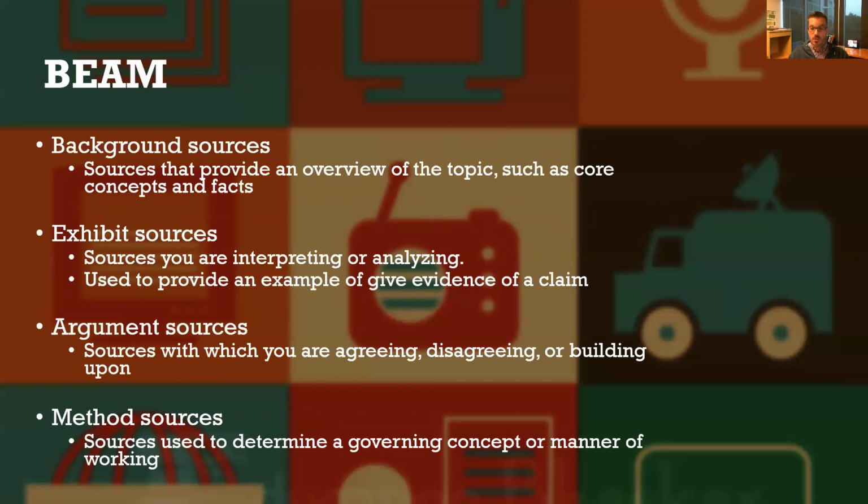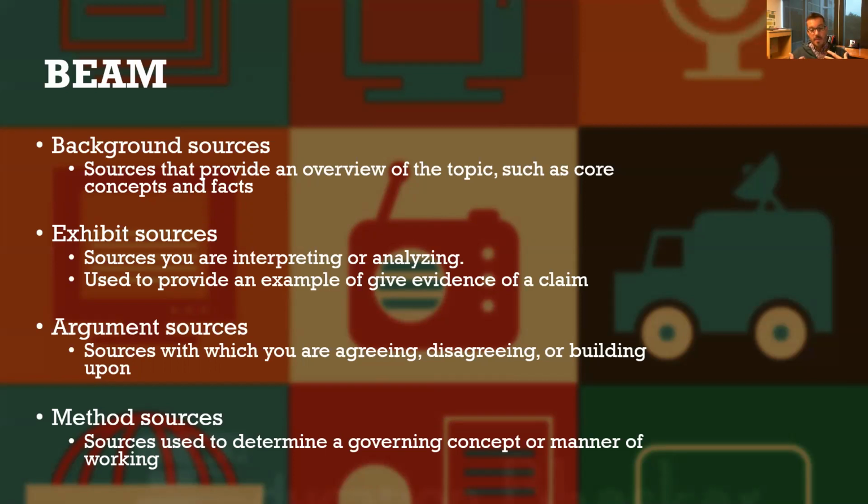Whether they be background sources, so that we can provide some overview of a topic and common knowledge and concepts and facts; exhibit sources that we are going to be analyzing and giving examples of specific claims we're trying to make; argument sources, the things that we're going to be agreeing with or disagreeing with or building upon; and then method sources, the sources that determine how we're going to be addressing our research, the methodology, the theories, that sort of thing.